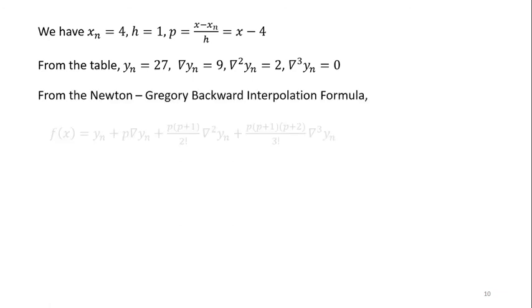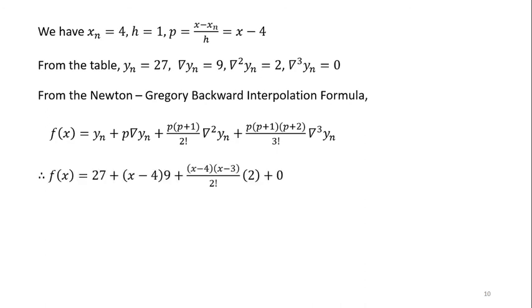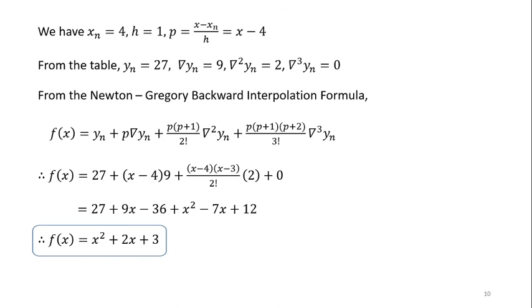Now write down the Newton-Gregory backward interpolation formula. Now substitute the values of yn, p, del yn, del square yn and del cube yn here. If we simplify this, we get f of x as x square plus 2x plus 3, which is the required polynomial. Thank you.